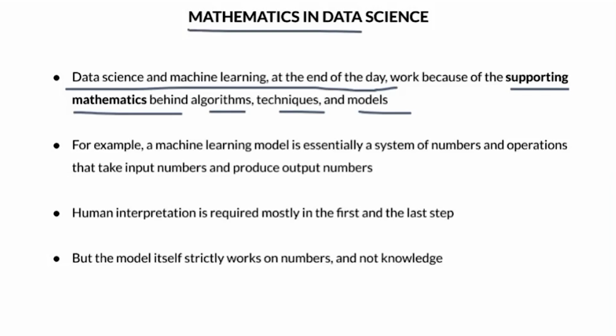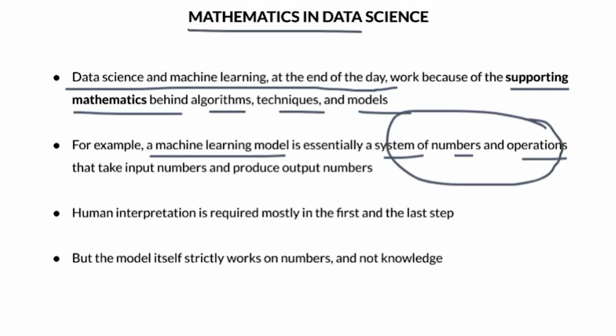In a sense, what we are talking about is measurement. For example, a machine learning model is basically just a system of numbers and operations, both mathematical. And human interpretation is more or less required where? It's required in the first step, it's required in the last step, maybe a little bit here and there in the middle.